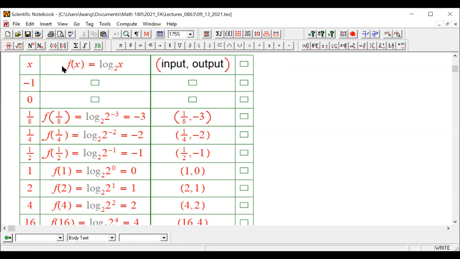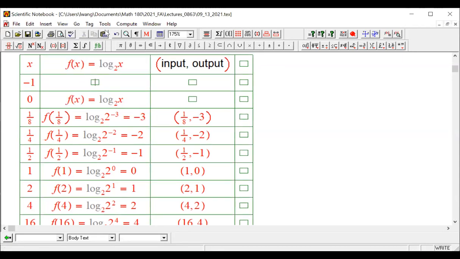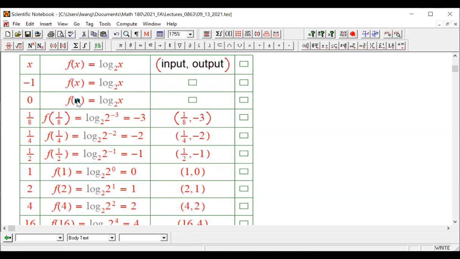How about 0? How about -1? What's going to happen?